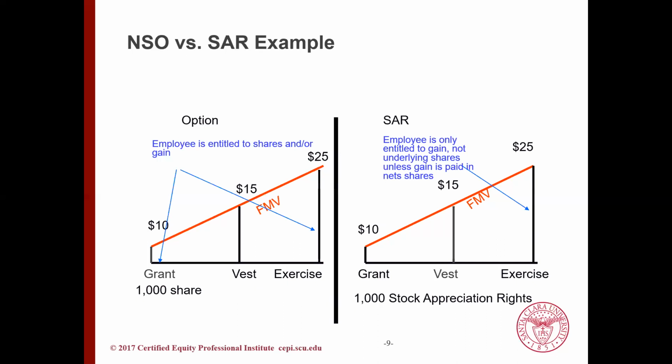He either receives $15,000 in cash, the gain, or he can receive 600 shares. He cannot do a combination, and he is not permitted to pay the $10,000 to receive all 1,000 shares. And that's a subtle difference between SARs and stock options. Otherwise, they do have a lot of fairly similar components.